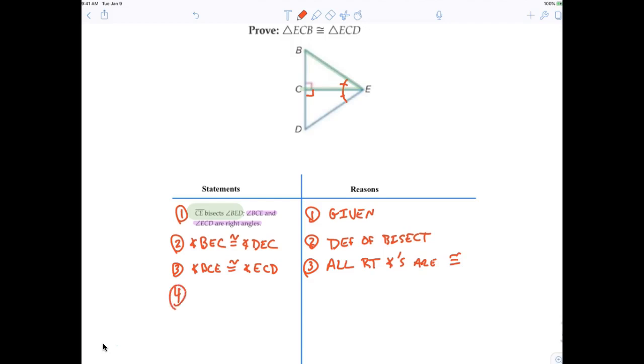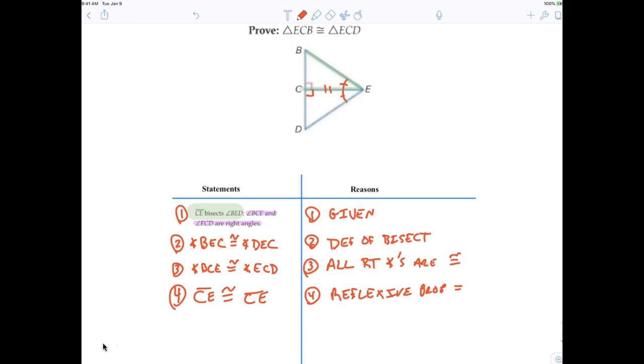Yes, good for you. Wow, very good job, girl. CE is congruent to CE because, very nice work, reflexive property of equality or congruence. Here we go. So 2 marks there. Everybody good?